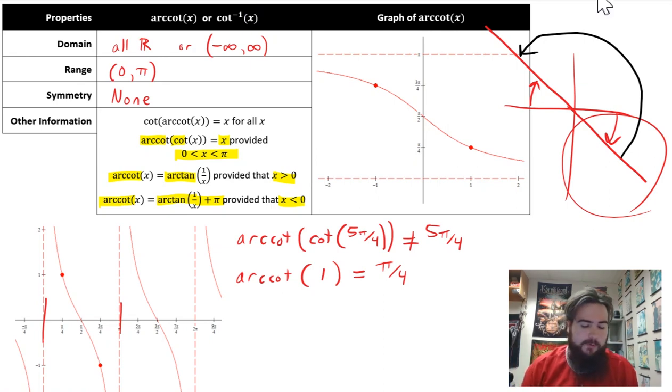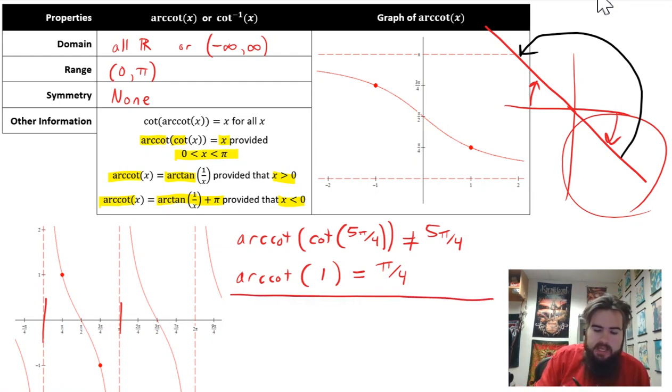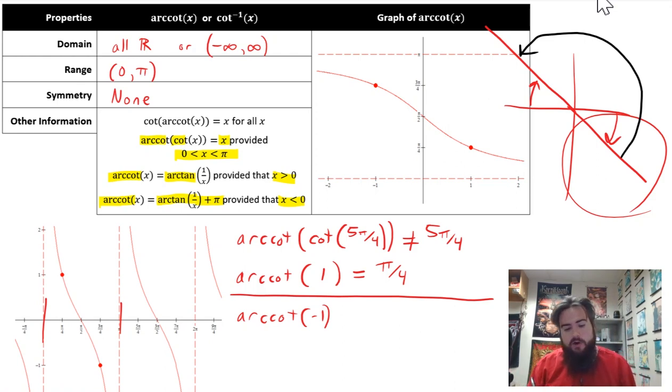As a quick example, if you wanted to do, I'll just do -1 as an input. If you wanted to solve arccotangent of -1 in a calculator, because you could do this one by hand, arccotangent of -1 should give you a ratio between 0 and pi. This negative, it would have to be quadrant 2 of the unit circle then.